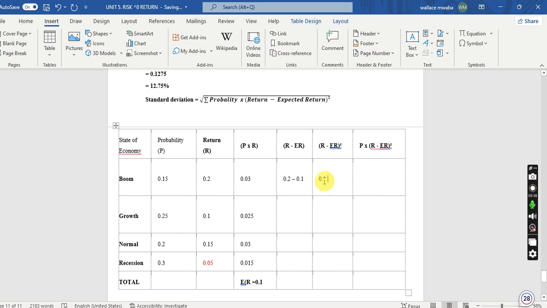Then you square it. 0.1 squared, those with calculators, what do we get? 0.01. Then after you square it, you multiply it with the probability. The probability is 0.15. So you're going to say 0.15 multiplied by 0.01. What do we get?